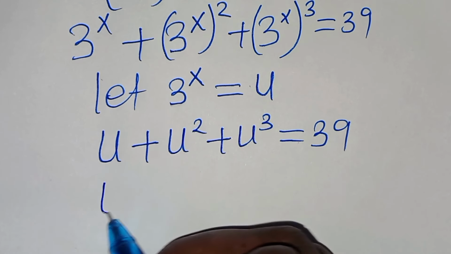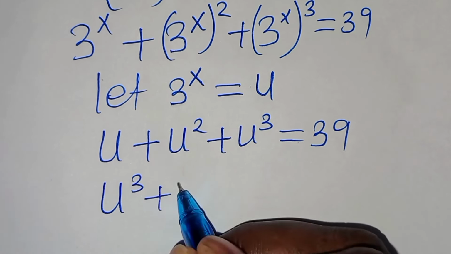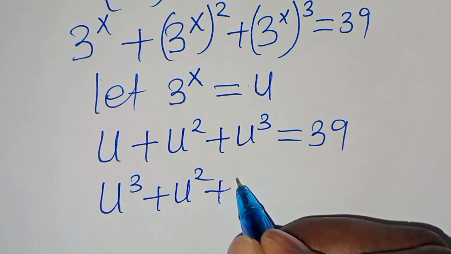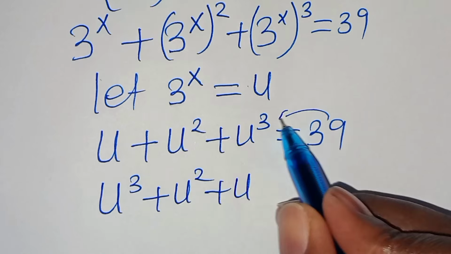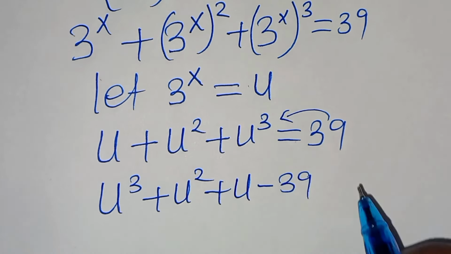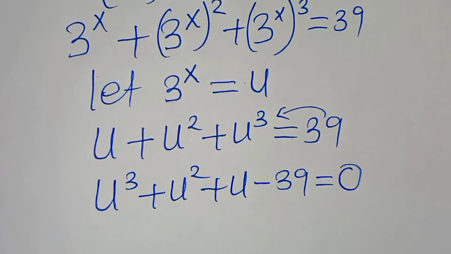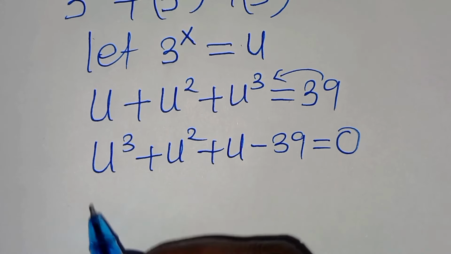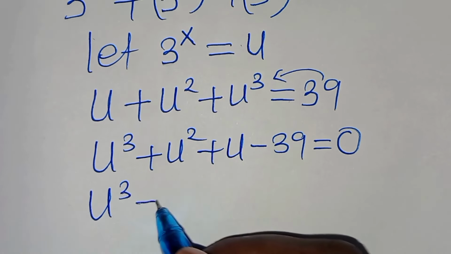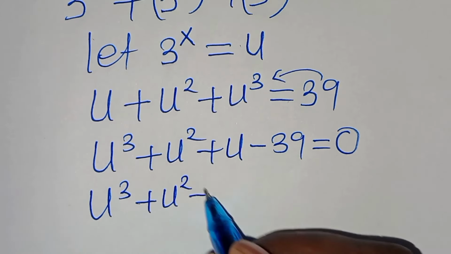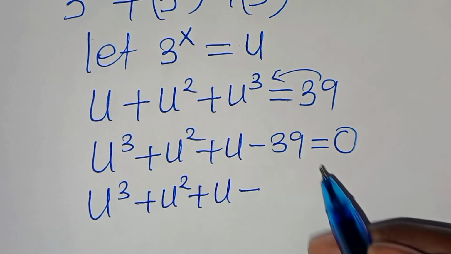So we can write this as u to the power of 3 plus u squared plus u. Let's take 39 on the left hand side, so minus 39. This is equal to 0. Now, this is u to the power of 3 plus u to the power of 2 plus u minus 39.